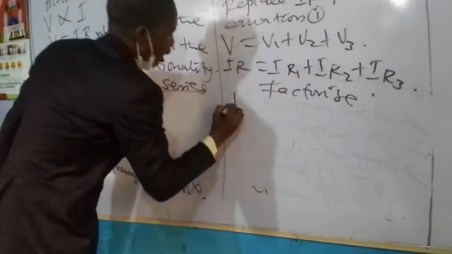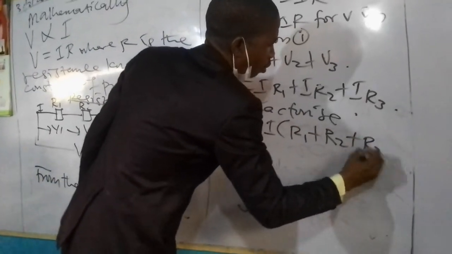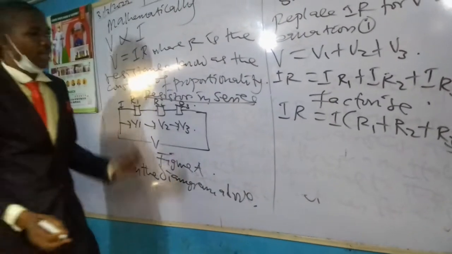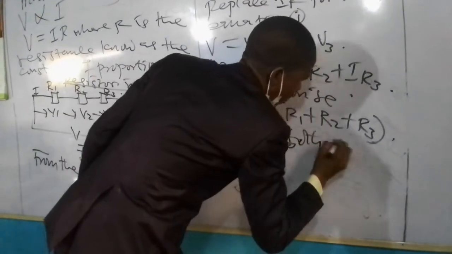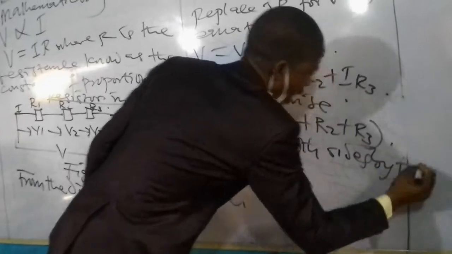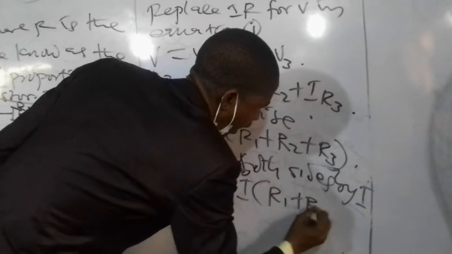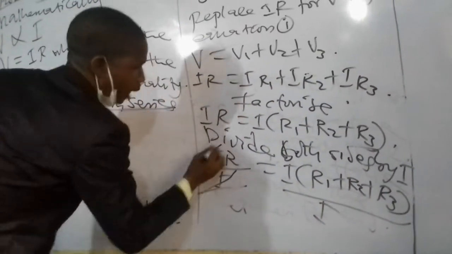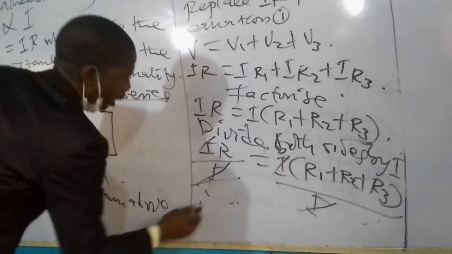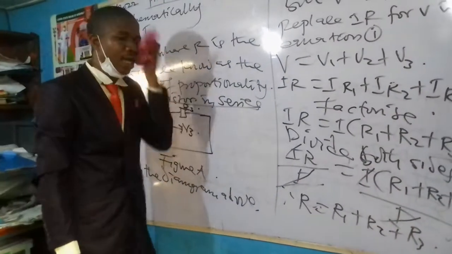IR is equal to I into R1 plus R2 plus R3. We divide both sides by I, and we cancel I. Therefore, resistors in series: R equals R1 plus R2 plus R3. This is what we call the series connection.